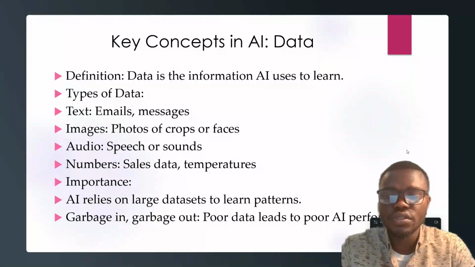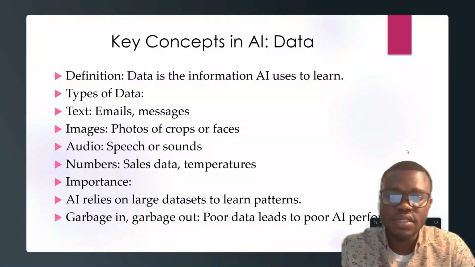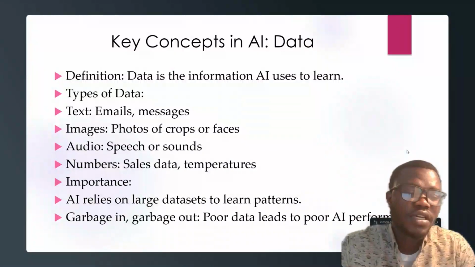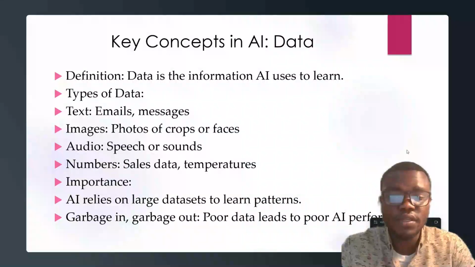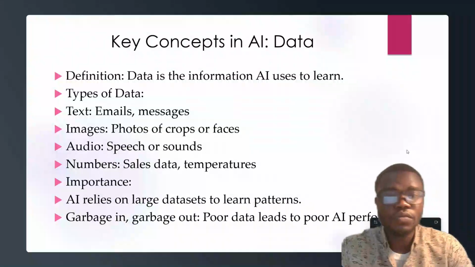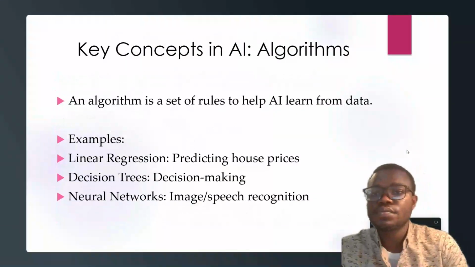We have numbers, such as temperature data, etc. Importantly, AI relies on large data sets to learn patterns: garbage in, garbage out. So if your data is poor, your system might be poor in terms of output.